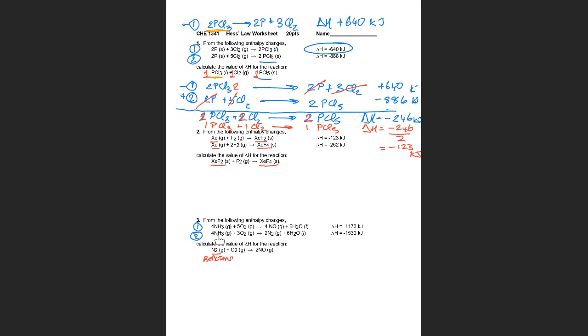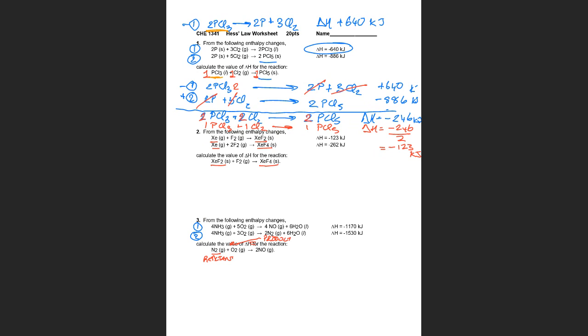The only time that nitrogen shows up is in line 2, but it's a product. It's a product in line 2, which means I have to make it go across the equal sign. I have to flip line 2 to make it match what the question is asking me to find. My answer has nitrogen as a reactant. The data in my question has nitrogen as a product. So line 2 has to get reversed.